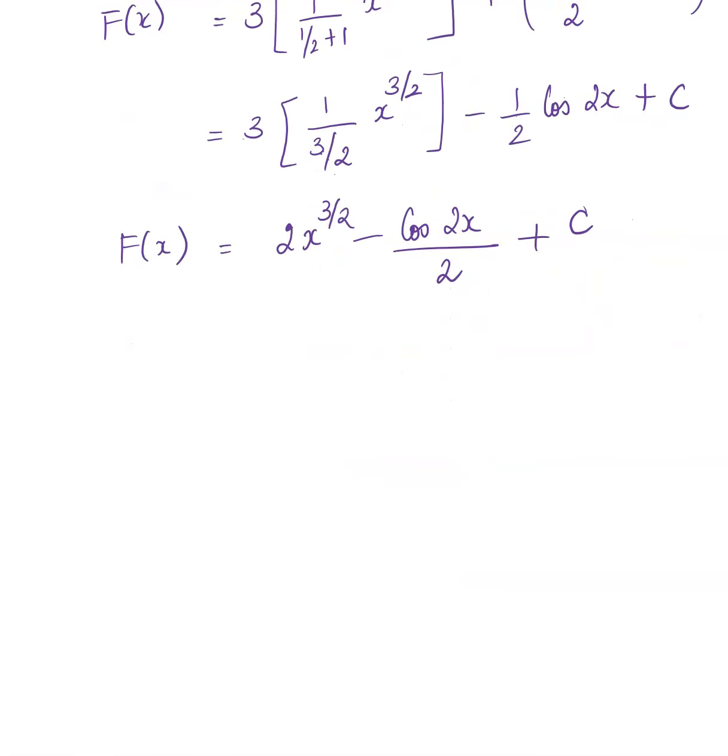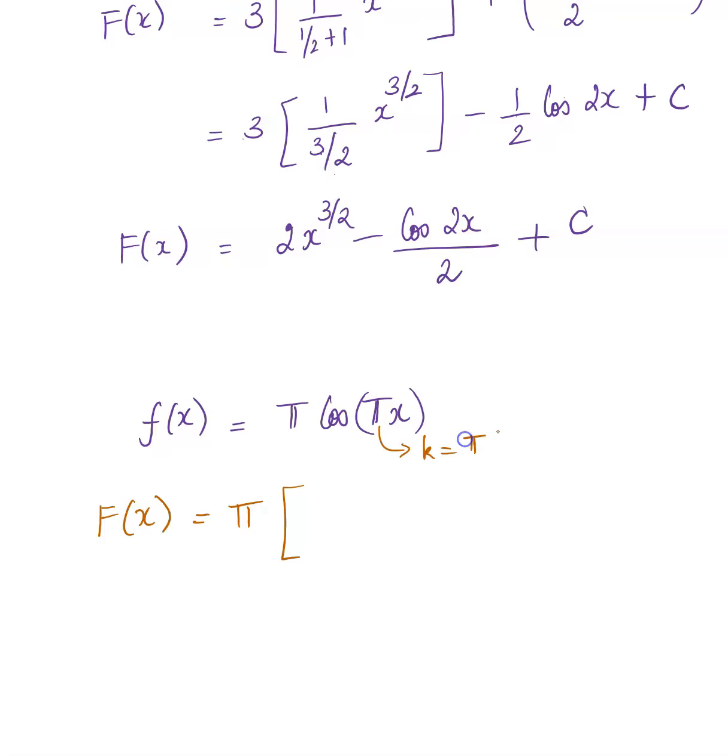Same thing, find the general antiderivative of f of x equals pi cosine pi x. So capital F of x will be, pi is a constant, so we're only working on the cosine x, and this is a case where k is pi. It's a number, right?